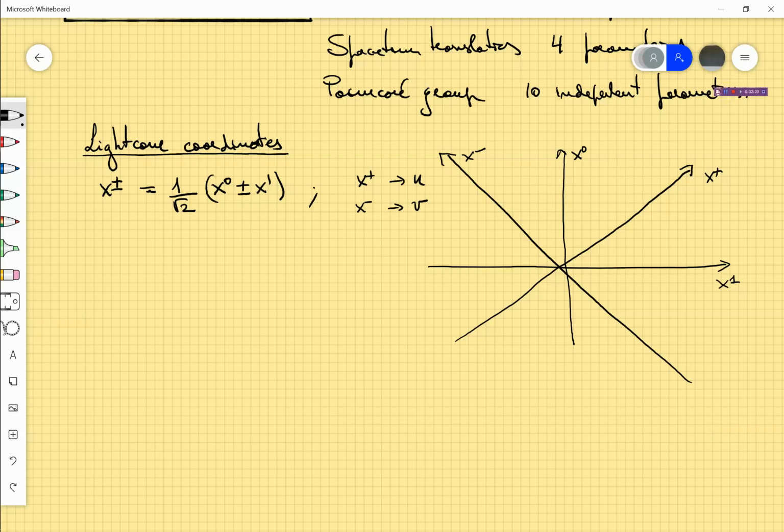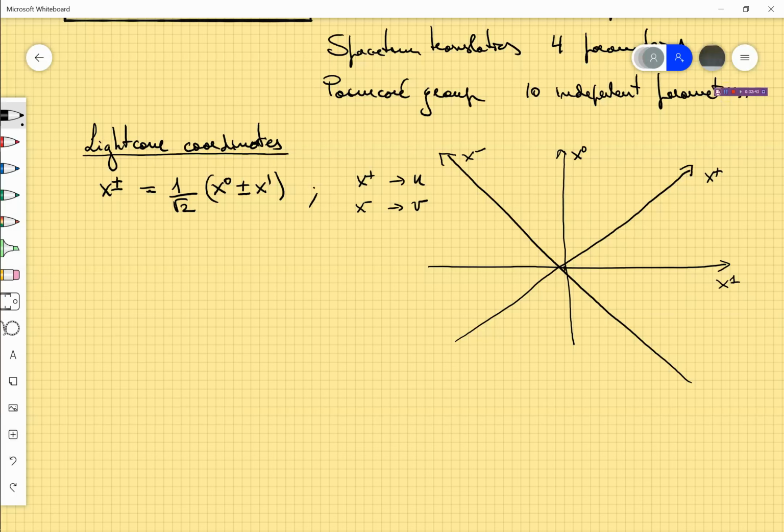So the points at which x0 is equal to minus x1 lie along this line. So this is the x minus axis, and the other way around. As you know, this is 45 degrees, and in this space-time diagram, light rays propagate at 45 degrees.